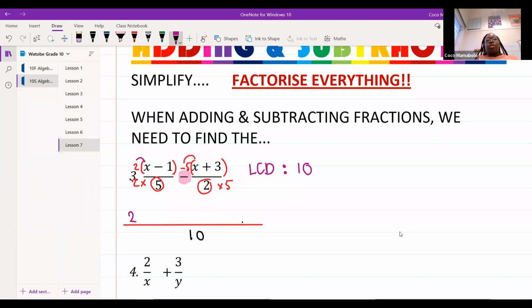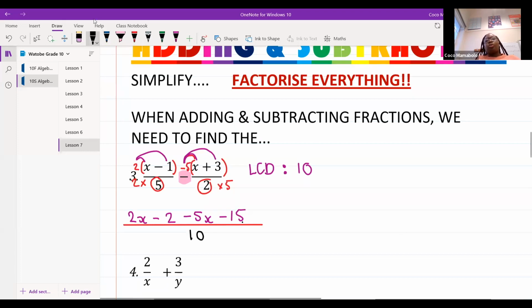Then you say 2 times -1, which gives us -2. And after that, we go to the other section. Then you say -5 times x, which will give us -5x. Then we'll say -5 times +3, which will give us -15.